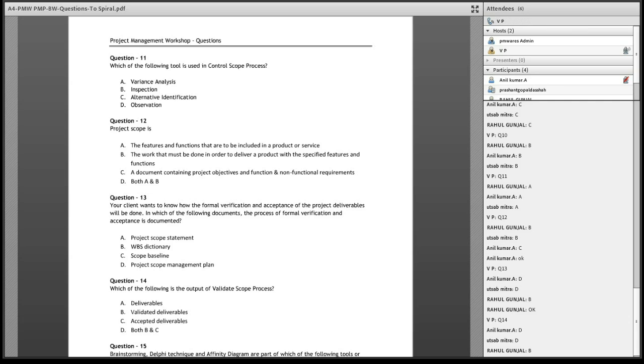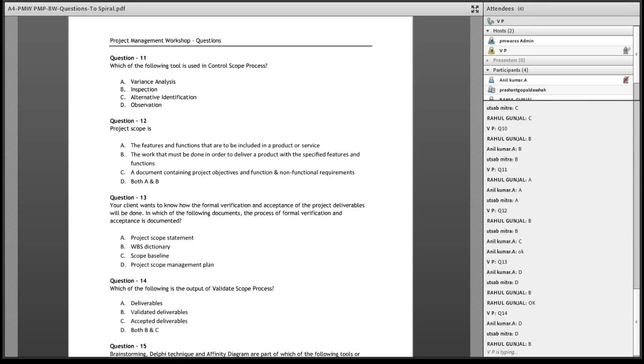That is quality control. Here it should be verified. This could be confusing. Actually it is verified deliverables as input and accepted deliverables as output. And therefore the confusion is okay. Then I accept that. That is a mistake in the question.